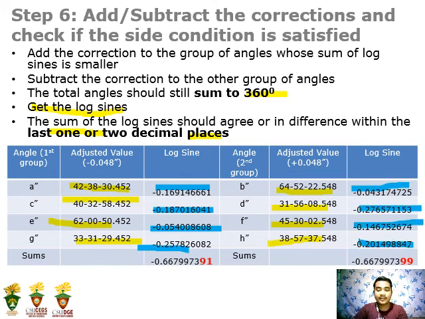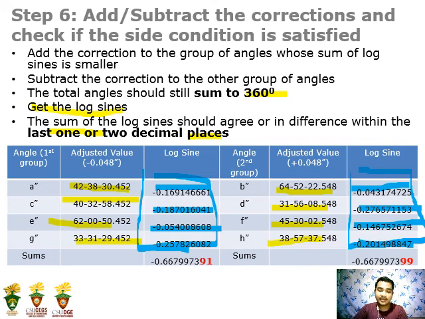After that, you are going to get the sum of all the log signs of the first group and the sum of the log signs of the second group. Then for the first group we have negative 0.667997391, and for the second group negative 0.667997399.